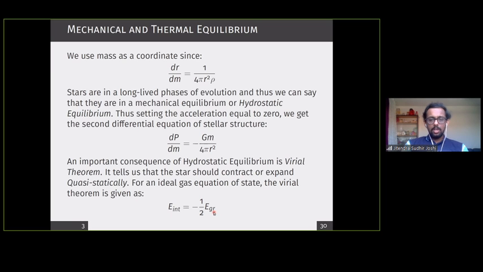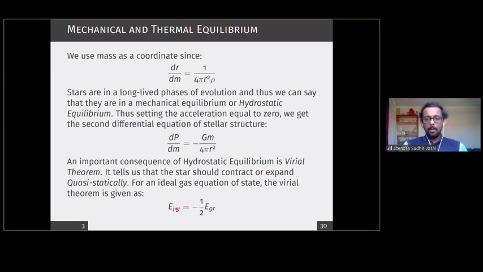An important consequence of this is, if you equate the total energy, we see that it has a negative heat capacity, meaning unlike any other objects we see in our day-to-day life, as the star loses energy, instead of getting cooler, it gets hotter. This is what the virial theorem tells us, and it's very important in studying stars and stellar evolution, because it tells us how the temperature varies as a star collapses or loses its energy.